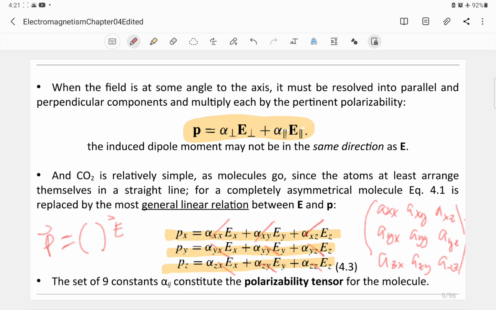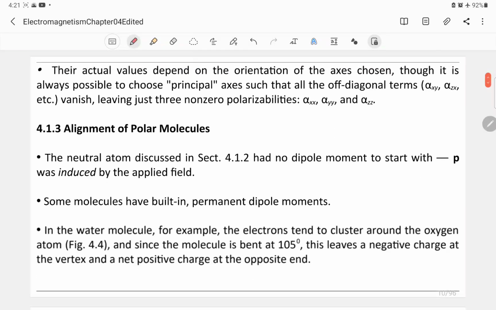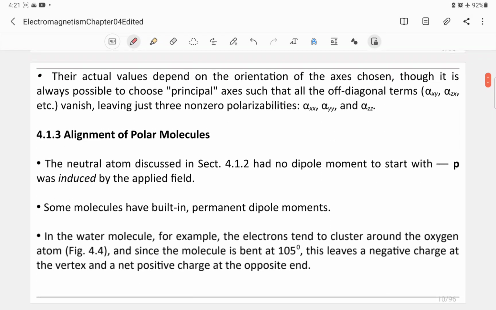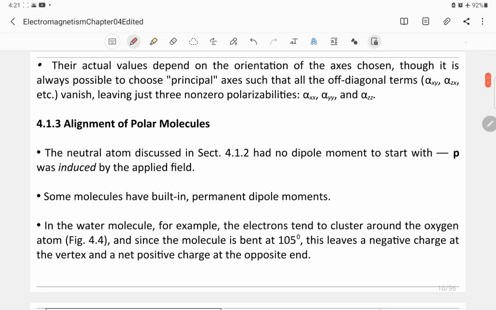So for each molecule which has a different structure than the other, you would have a different polarizability tensor. Their actual values depend on the orientation of the axes chosen.